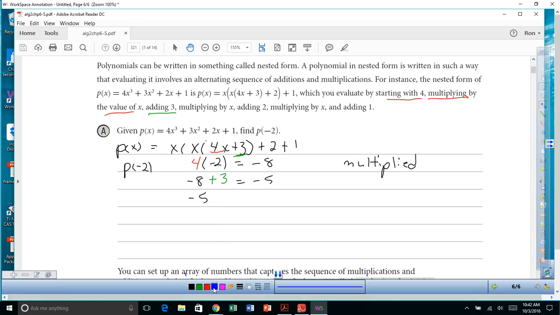And we're going to multiply by x. Multiplying by x, that's times negative 2, and that gives us positive 10. We added there, we multiplied there.